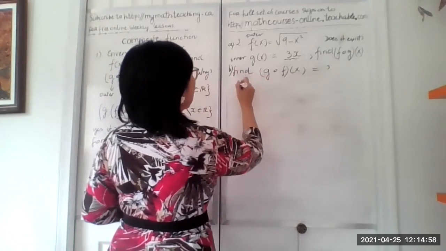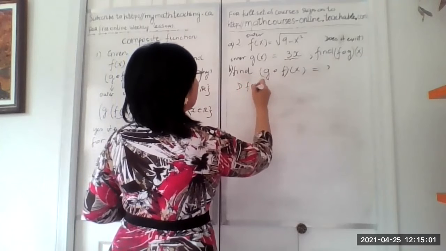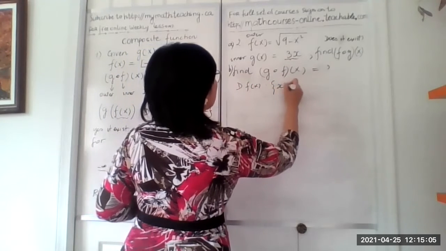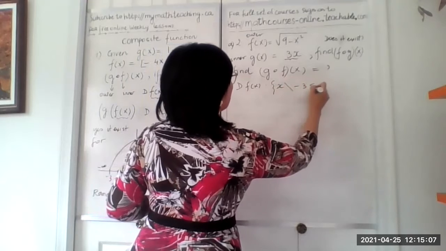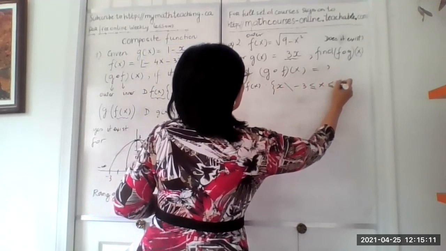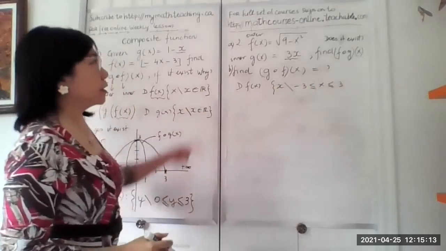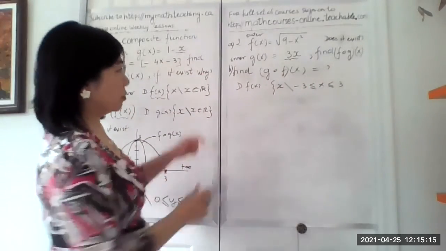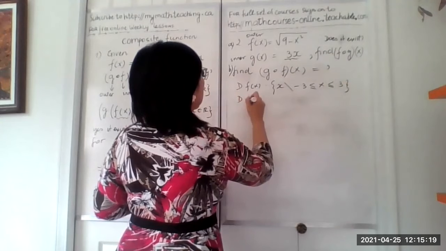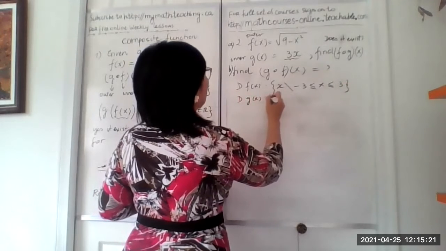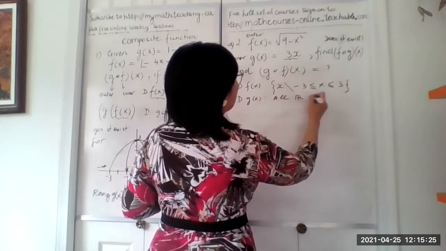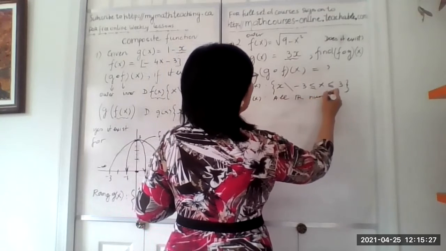We know that the domain of f of x, let's state it again, is x such that minus 3 less than or equal x less than or equal 3, right? We just did the same question. So that is the domain of f of x. Now the domain of g of x will be on real numbers. Same thing, right? On real numbers.